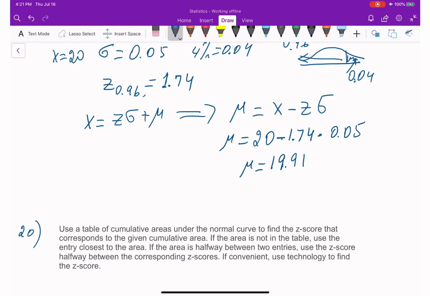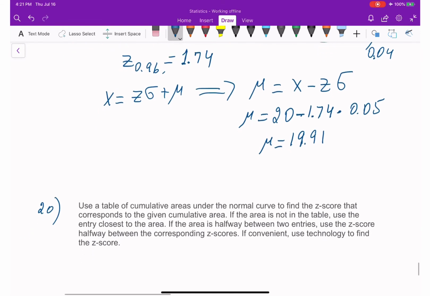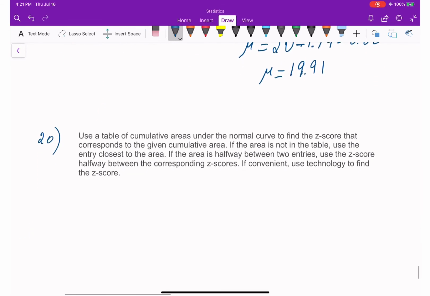And the last question, using a table of cumulative area under the normal curve to find z-score to the given cumulative area. Okay, and then it's telling you if the area is not in the table, use the closest one. If it's halfway, take in between corresponding z-scores.